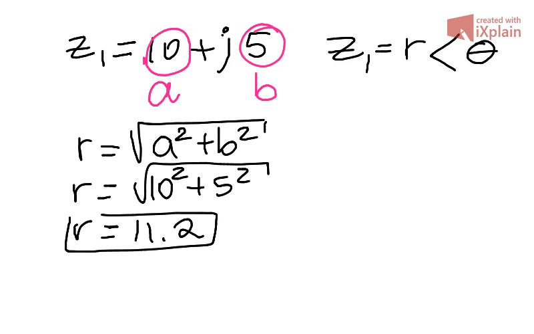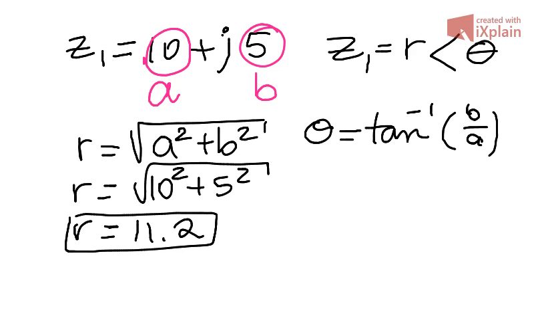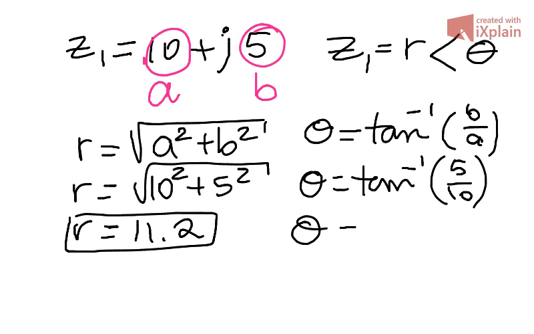So that's the magnitude. Then we have to calculate the angle theta, which is calculated by using trigonometry in the right angled triangle, tan inverse of b over a. So the angle will be 5 over 10, tan inverse of that, which we get 26.6 degrees.